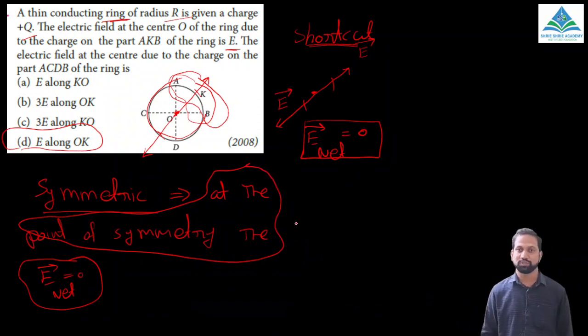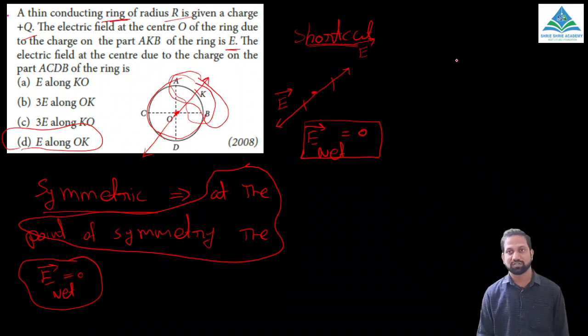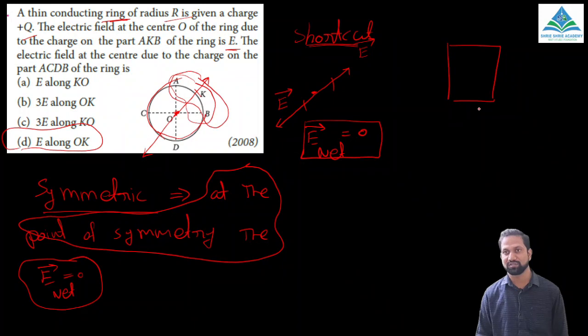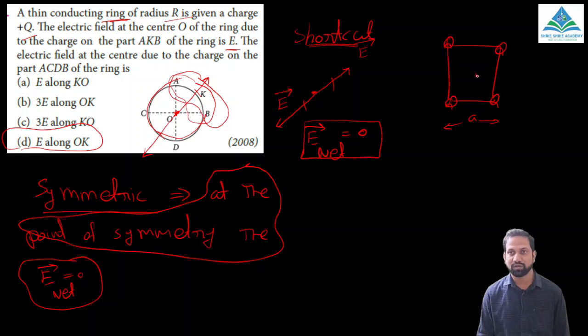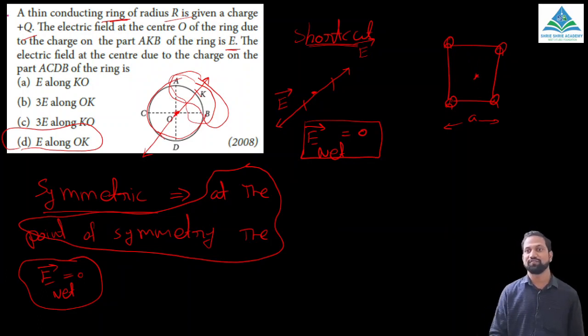At the point of symmetry the net field should become 0. One more example I can give you here. Consider a square of side A, and at the corners of this square you place 4 equal charges, and at the center of the square the net field should be 0. Why am I talking about the center of the square only? Because the center of the square is the point of symmetry here. About this point the system is symmetric, so only at the center the net field should become 0.